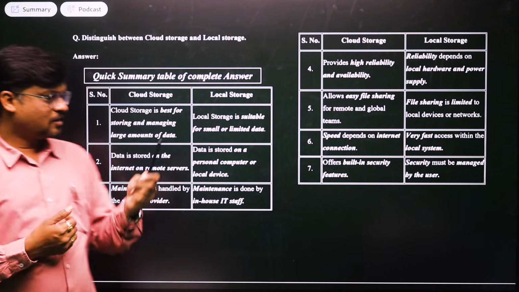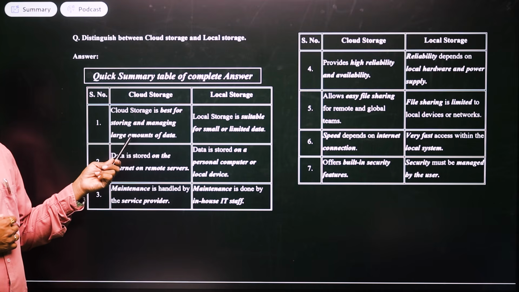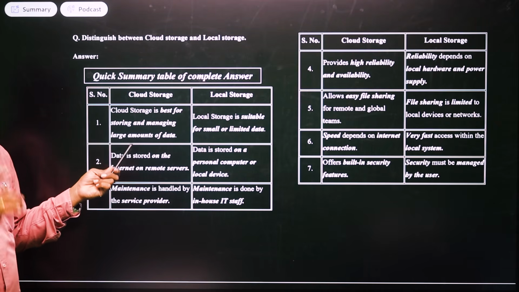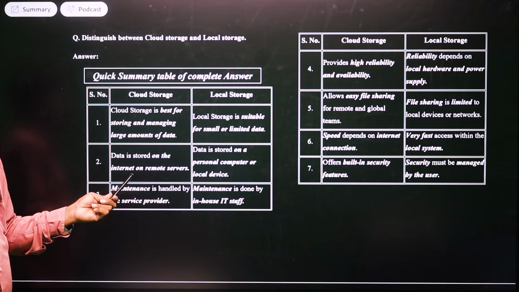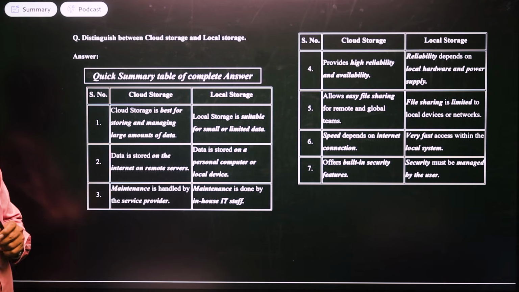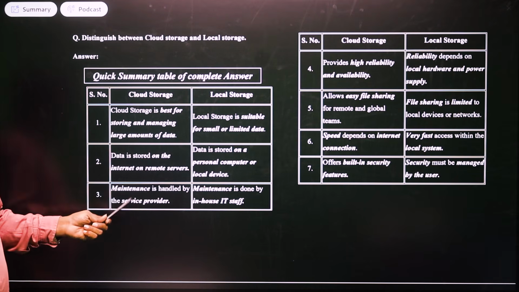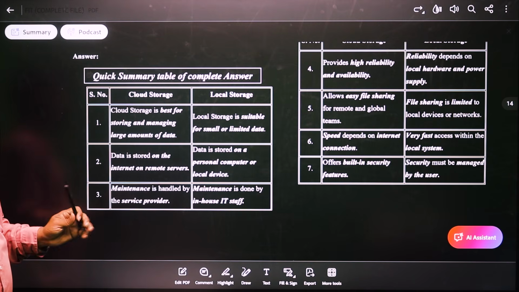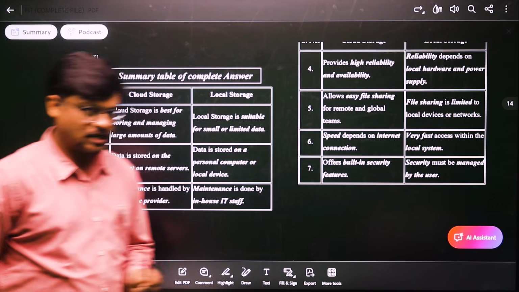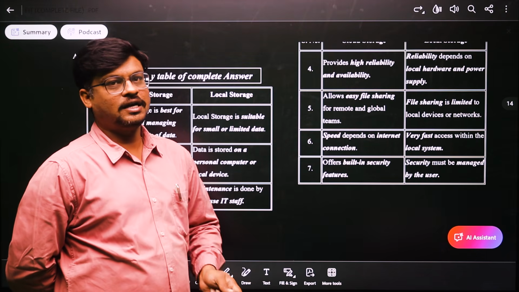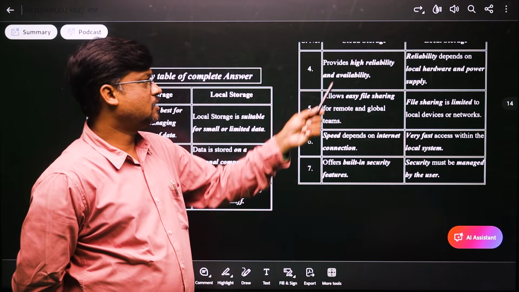Cloud storage is best for storing and managing large amounts of data, and the best advantage is you can access it from anywhere in the globe, only needing a proper internet connection. Maintenance and security are done by the service providers, and the biggest advantage is file sharing can be done remotely and globally. Data can be accessed anytime, anywhere. It is available.